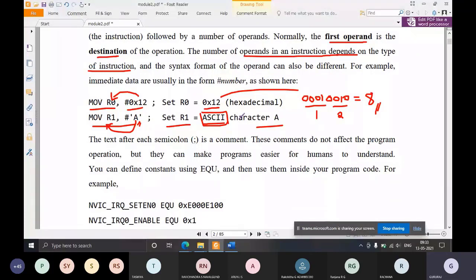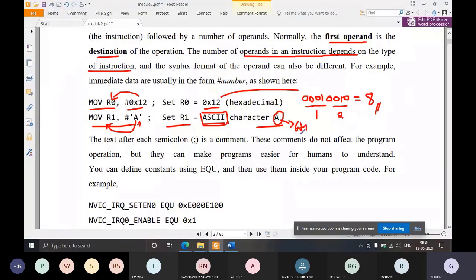Capital A, the ASCII value, I think is 64. I don't exactly remember it, but I think it is 64. This is true all over the world. Capital A ASCII value 64 is a standard accepted all over the world.